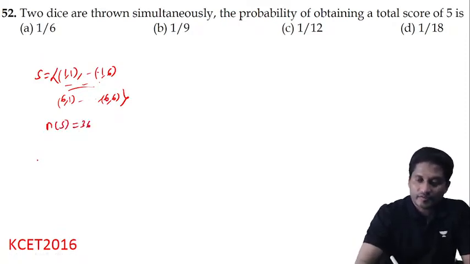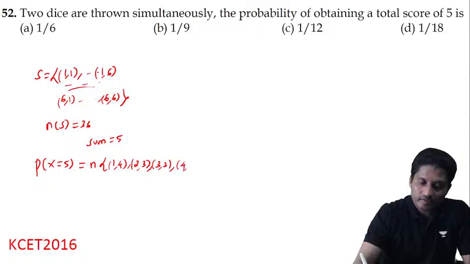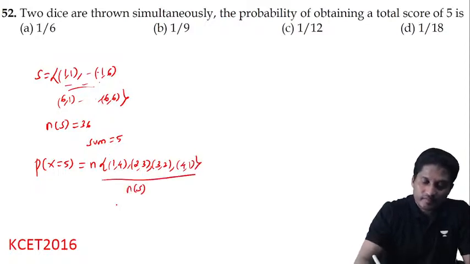Probability of getting sum 5, you can take 1 comma 4, 2 comma 3, 3 comma 2, 4 comma 1, sum 5, divided by n of s. This is 4 by 36 equal to 1 by 9.